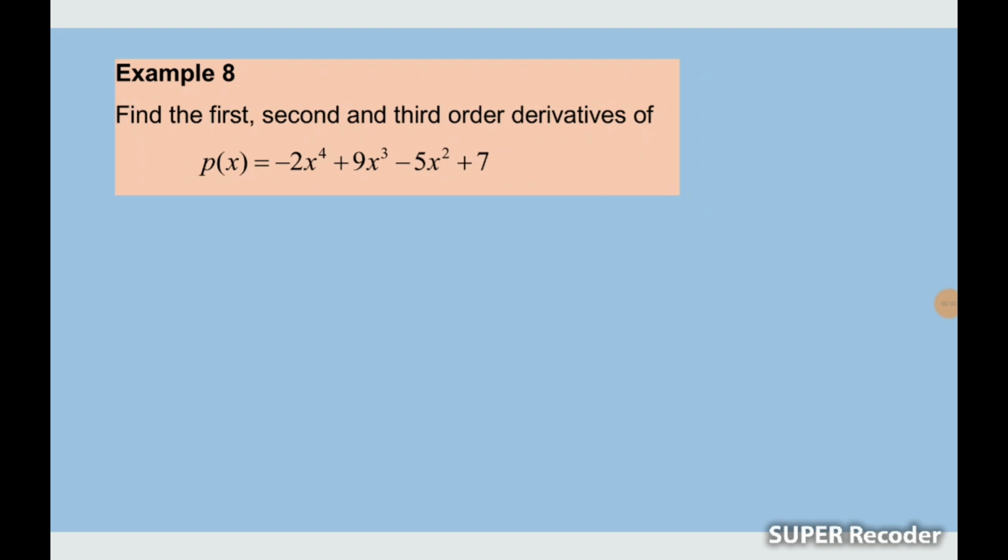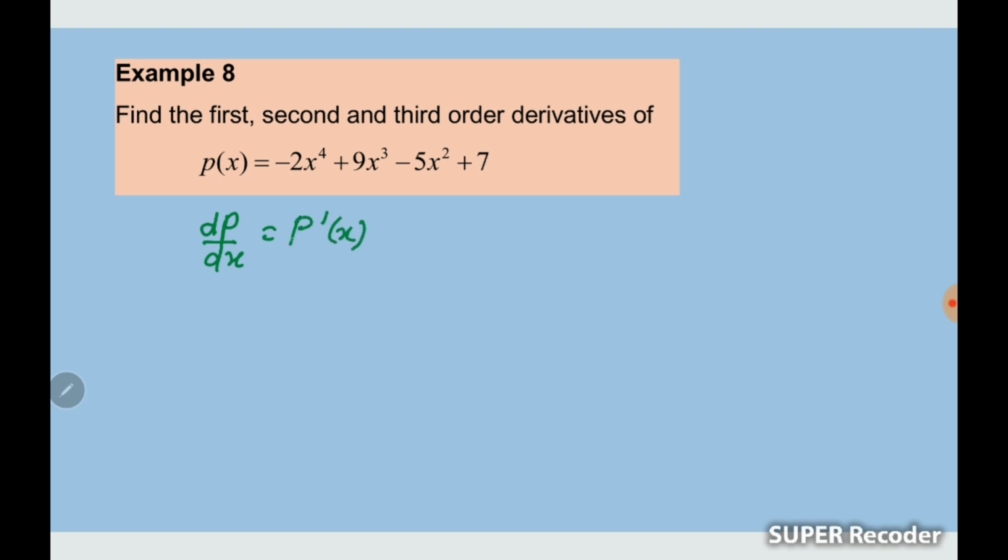We continue. Example 8. Find the first, second, and third order derivative of p x equals negative 2x to the power of 4 plus 9x cubed minus 5x squared plus 7. So to find the first derivative, you can write dp dx, or simply you can write p prime x.